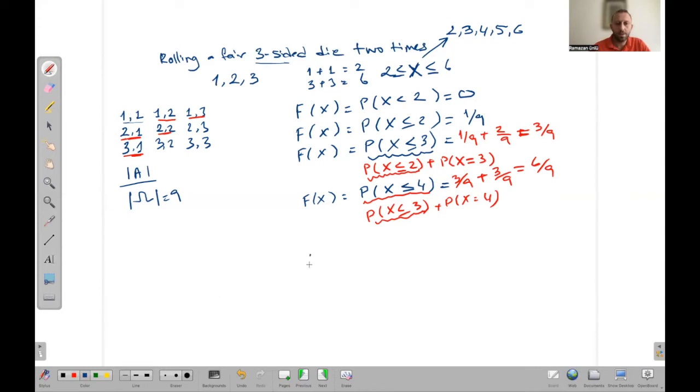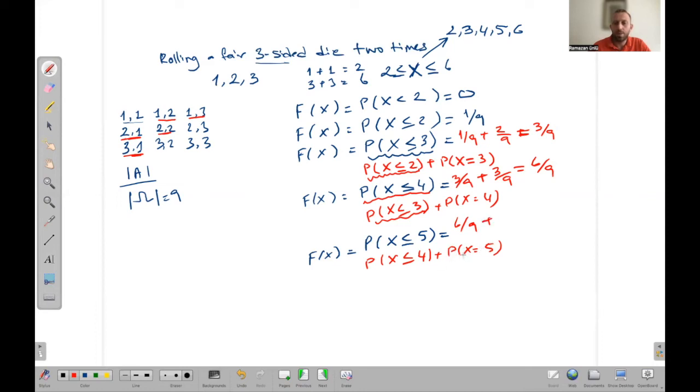Another one is F of x, the probability of x less than or equal to 5. I can rewrite this as the probability of x less than or equal to 4 plus the probability of x equal to 5. I know the first one because I have already calculated it here.